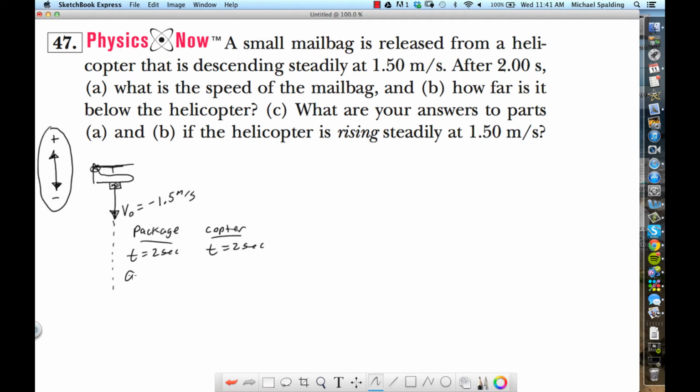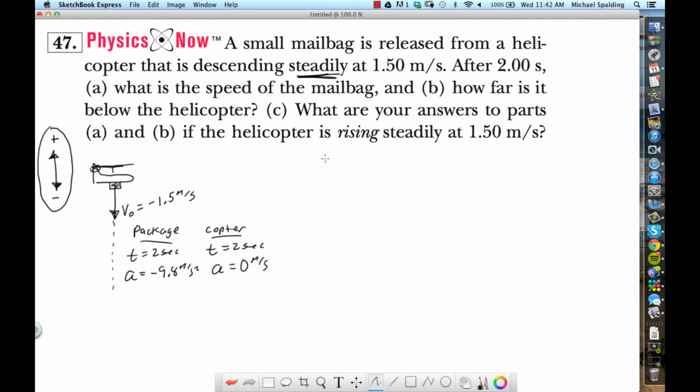All right, what's the acceleration of the package once it's released? Negative 9.8 is going to be gravity. What's the acceleration of the helicopter going to be? 0. Because they tell us that the helicopter is descending steadily, meaning no acceleration. Just moving down at a constant speed.